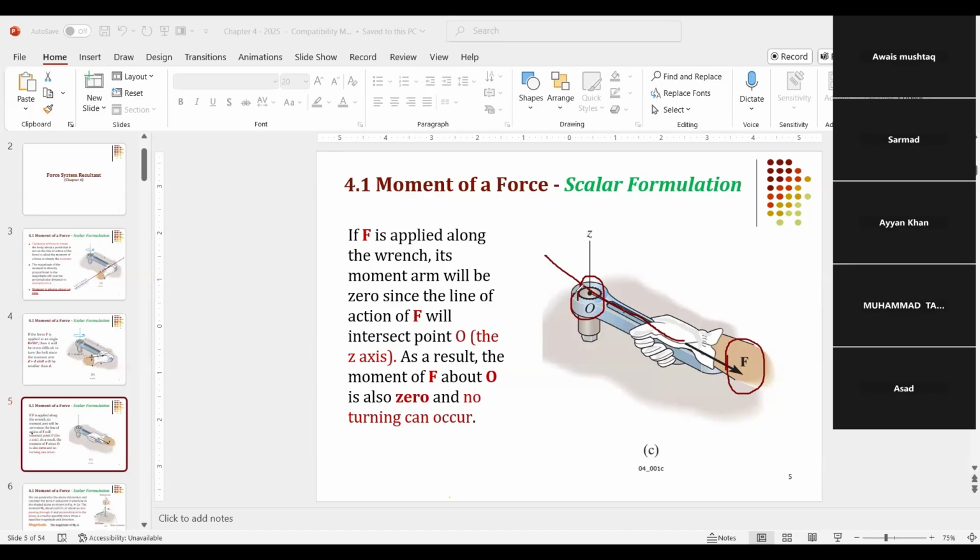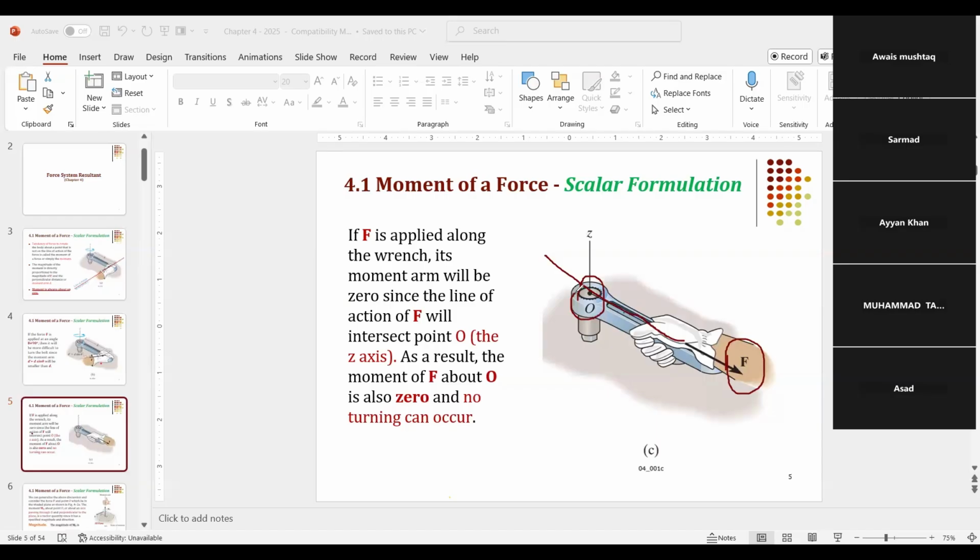And in the first slide, we learned that the point O must not be on the line of action of the force. If the point is on the line of action of the force, that force cannot produce moment about that point.